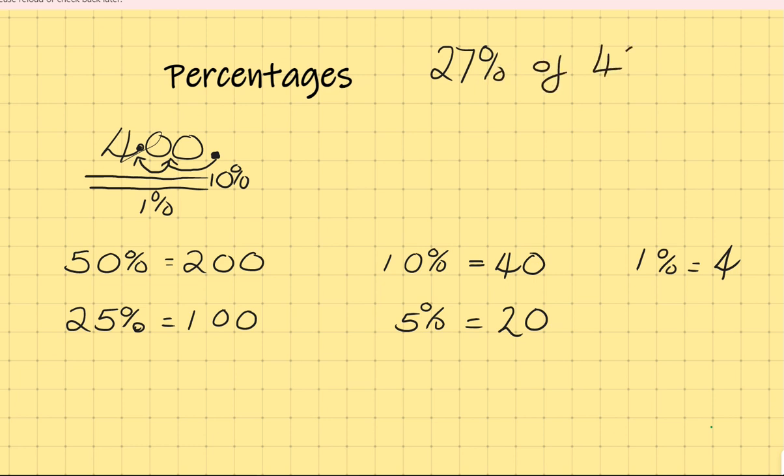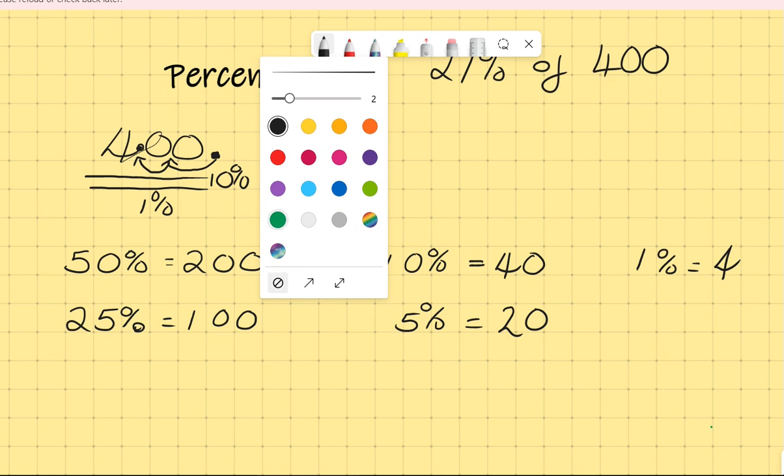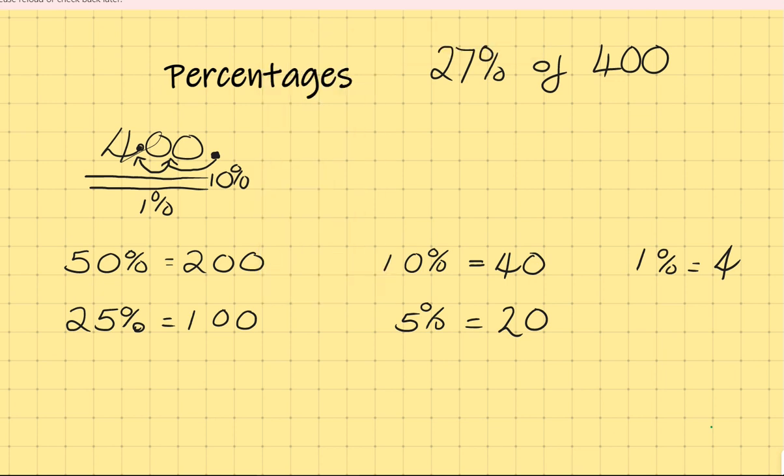27% of 400. So again, there's several ways you can be doing this. I've said all along, I don't mind which way you do it, as long as you come up with the answer, that's brilliant. So instantly, for me, I go 25% is 100. Where am I going to find that 2%?